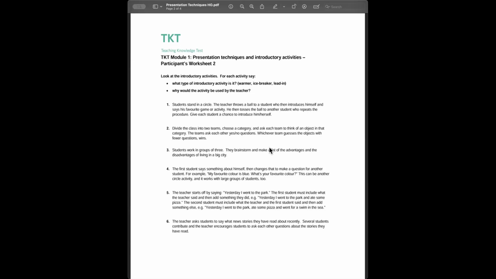We said that that is a warmer. Ah, okay. Makes sense, but why? Because that includes the topic that they need to learn, not only like an icebreaker that could be whatever.